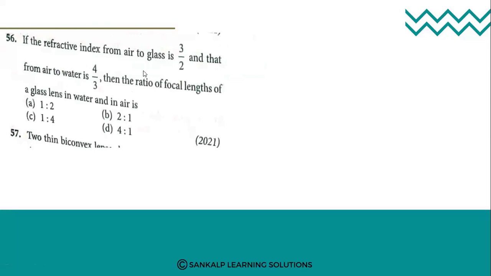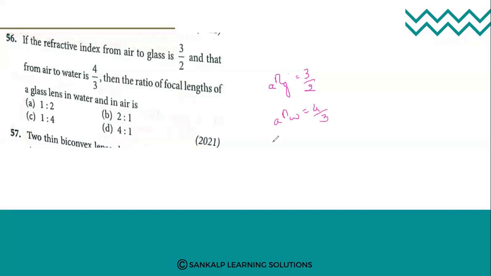If the refractive index from air to glass is 3/2 and from air to water is 4/3. So here in the question, the refractive index is given. The refractive index of air to glass is given as 3/2, and the refractive index of air to water is 4/3.